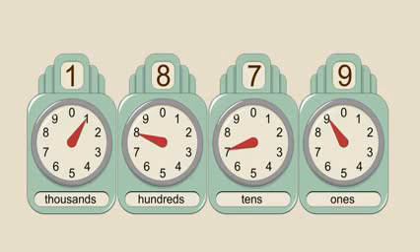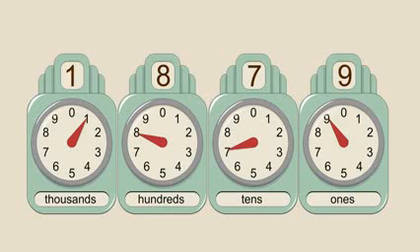Depending on the column they occupy, these digits represent the quantity of ones, tens, hundreds, thousands, and so on, which make up the number. In positional notation, the column occupied by a digit determines the multiplier for that digit.